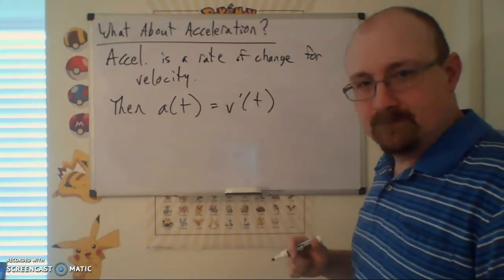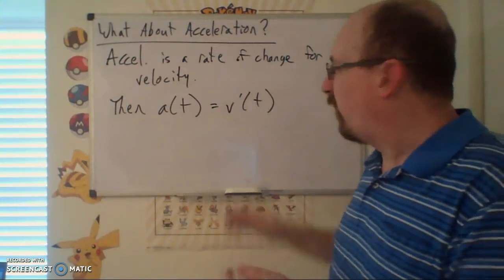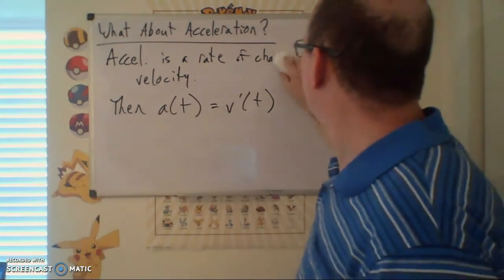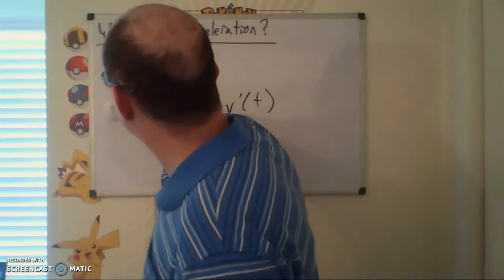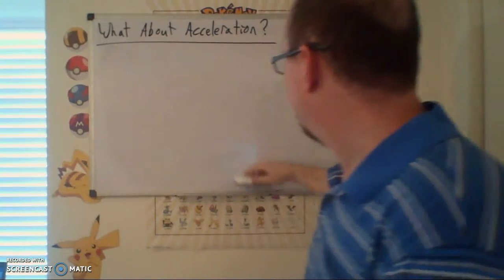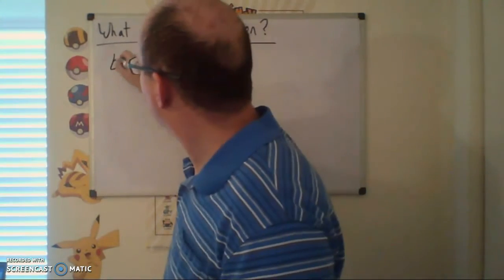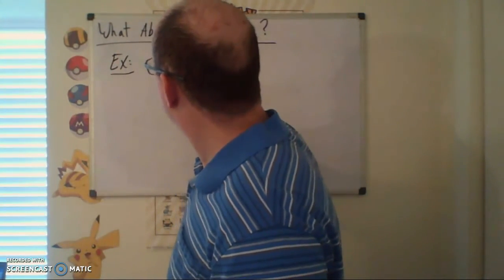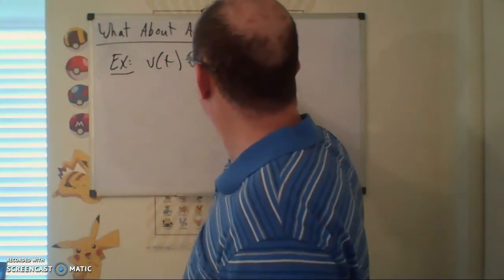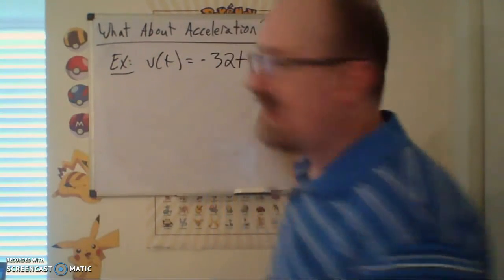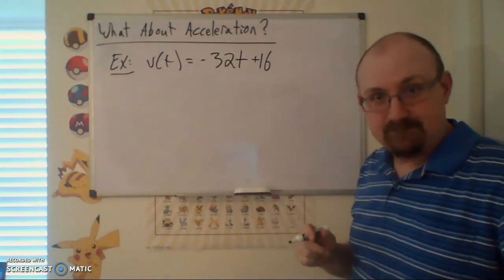So, all right. Let's real quick take a look at this in the context of that example with the diver that we just talked about. We had the v of t formula of negative 32t plus 16.